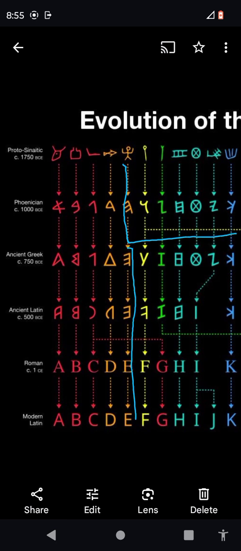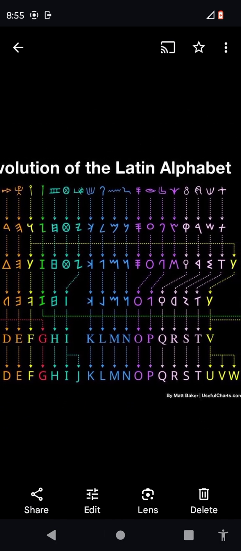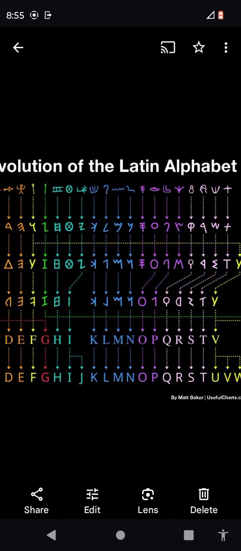You remember how it mentioned that the Greeks began using the letter F to represent the W sound? Well, look here, it translates right down to the F. So we know that that is corroborated and confirmed. Let's slide this over. I may have to zoom out a little bit. There you go.